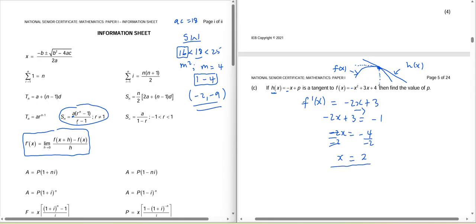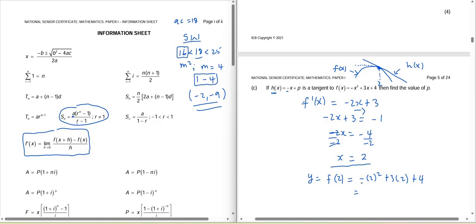So the x value where the graph of f of x and the graph of h of x are touching is 2. Now let's also find the y value. Plugging in 2 into f: minus 2 squared plus 3 times 2 plus 4.